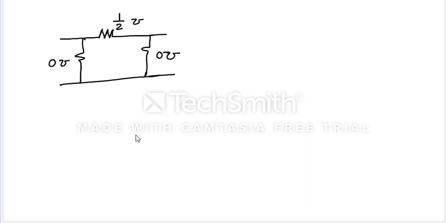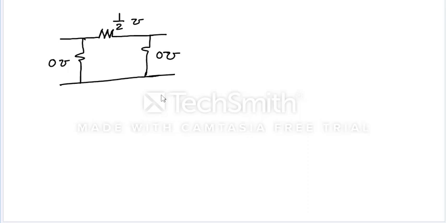Impedance is infinity, so I can say admittance is 0. Impedance is infinity, admittance is 0 now. So like this.